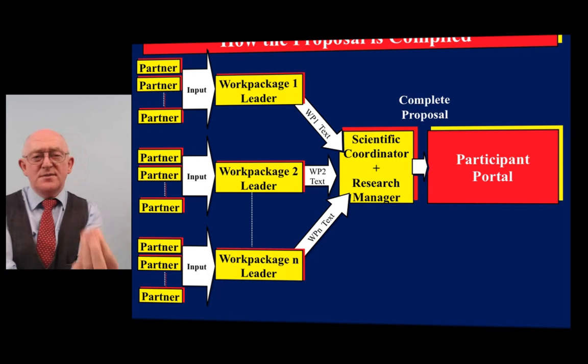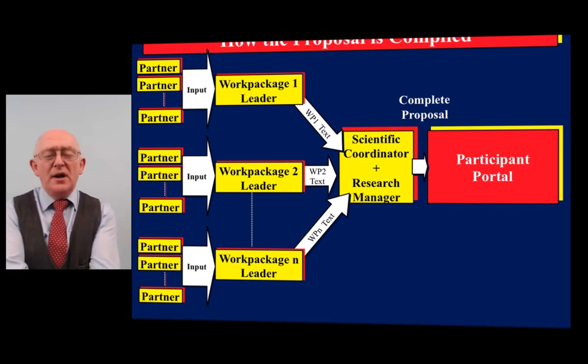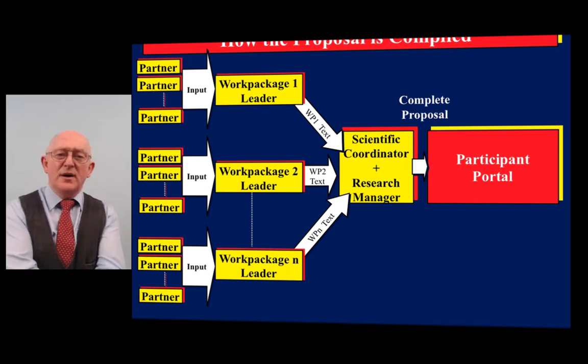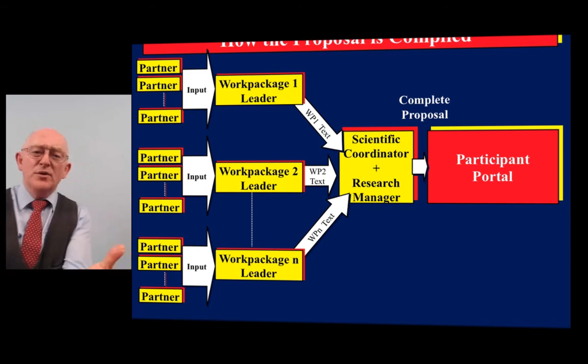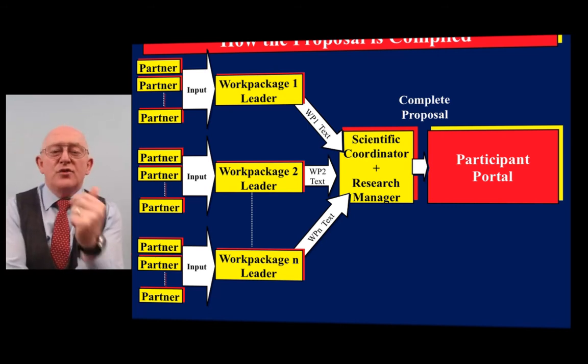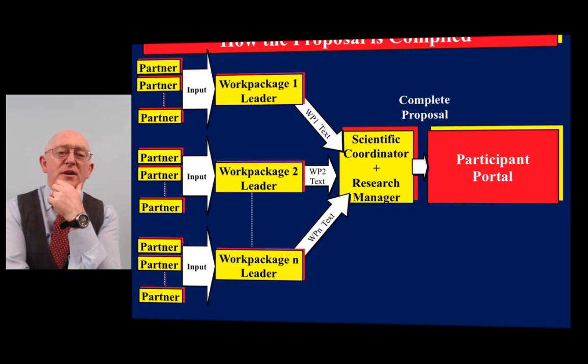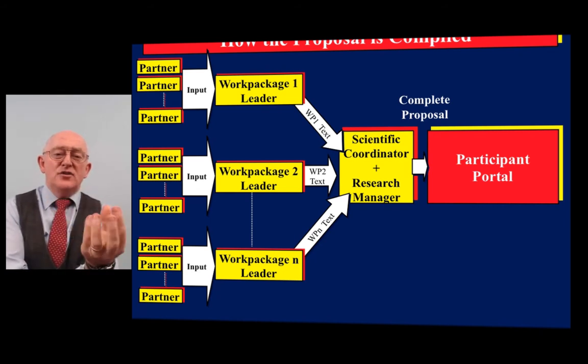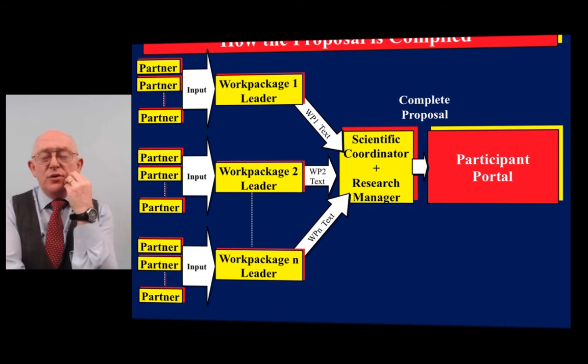Suppose one partner is a small company who's going to be the pilot site for testing a new software, then when they're writing the proposal, they may only have to write 1 or 2 pages. Now the coordinator could spend up to 3 months bringing the proposal together. The work package leaders, it could be down to a few days, and a minor partner could have a few hours.